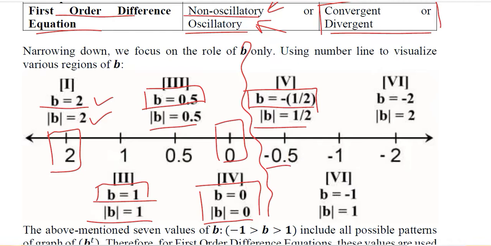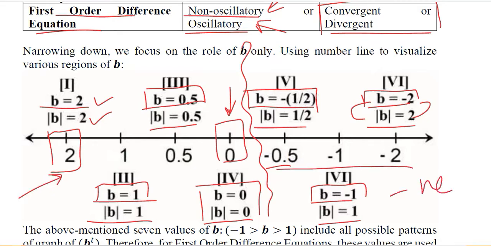Then if the value of b is minus 1, then its absolute value will be 1, and if the value of b is minus 2, its absolute value would be 2. So these are the possible cases that we can have in the value of b. Can be before and after 0, and there would be positive values and there would be negative values.